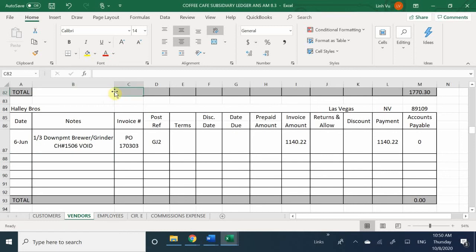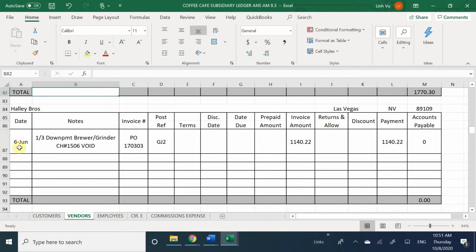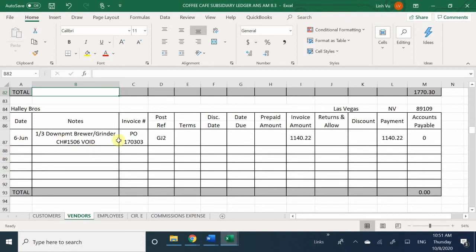That's all I really have to do, because at the end of the day, it wouldn't matter, because I don't owe Haley Brothers anything. So that's all the information I need to update. I don't need to zero out anything because my check is already voided, and on top of that, I don't owe anything. So that's all I'm going to enter as far as that.